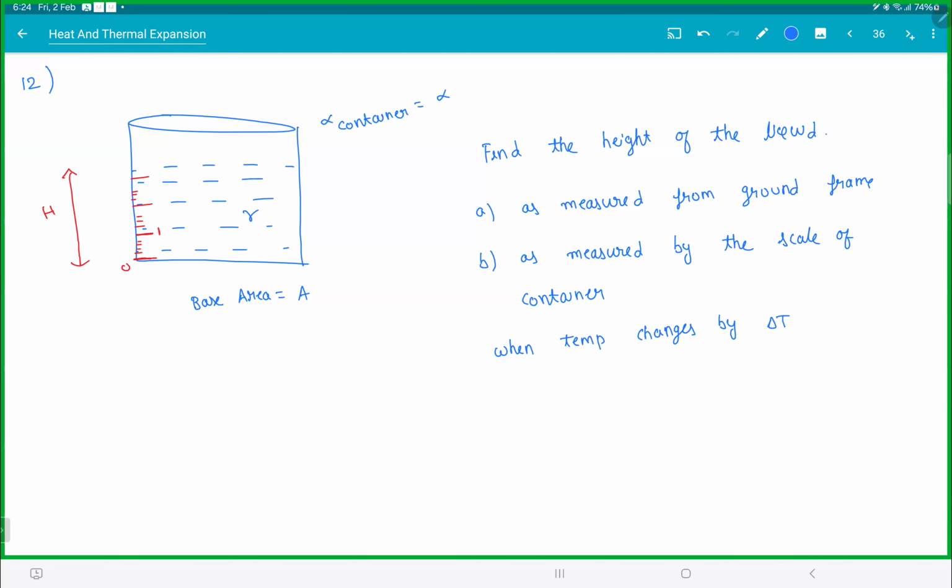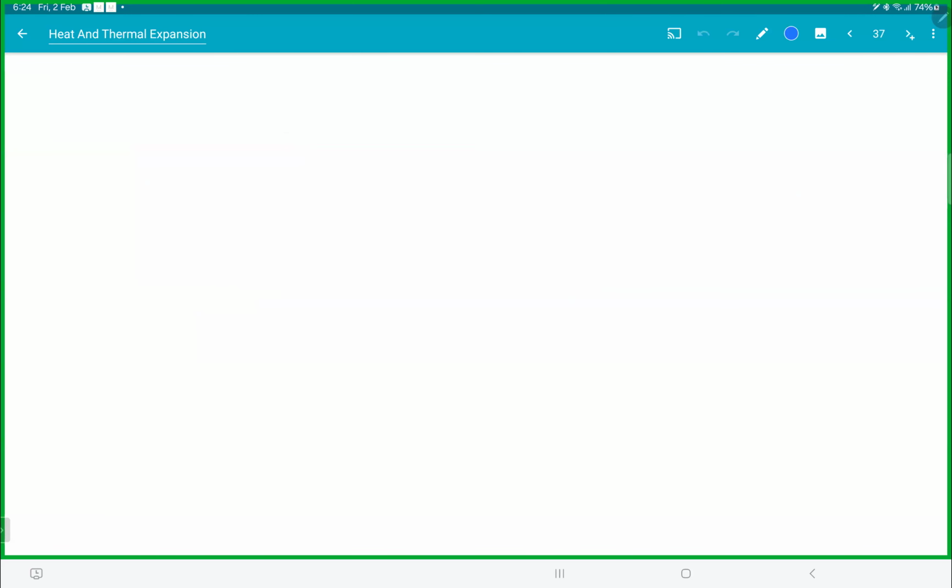Let's see. Okay. First, let's do this thing. The problem is the container and liquid are expanding differently.